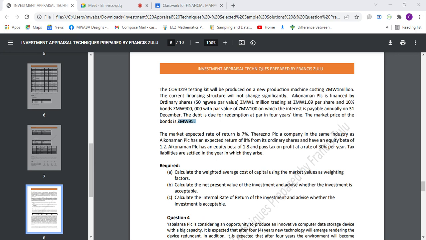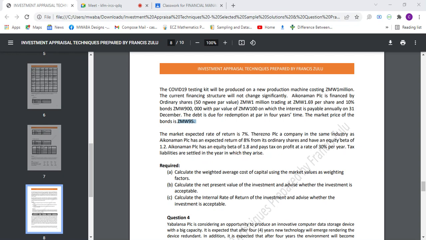So we'll substitute: 900,000 divided by 100 times 95. So it's basically 855,000.